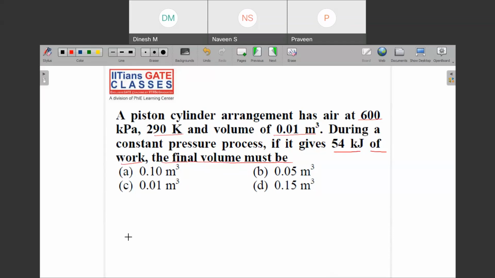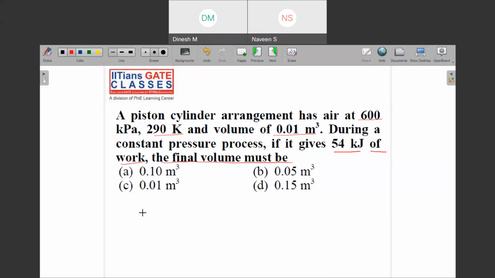So we will look at the given data and the required data. Pressure is constant, initial temperature is 290 Kelvin, V1 is 0.01 meter cube, and the work done is 54 kilojoule. Then it asks for the final volume.